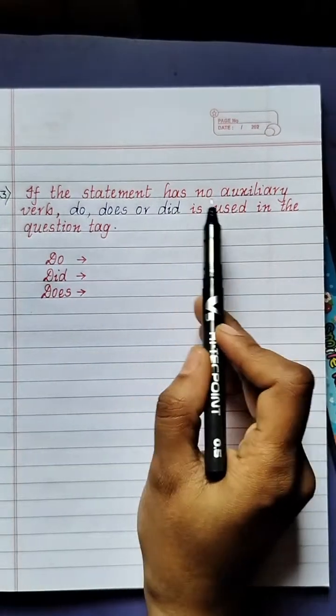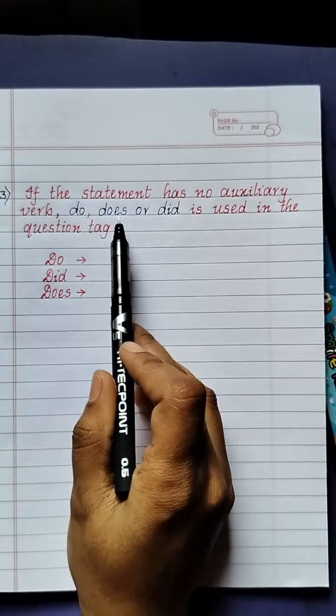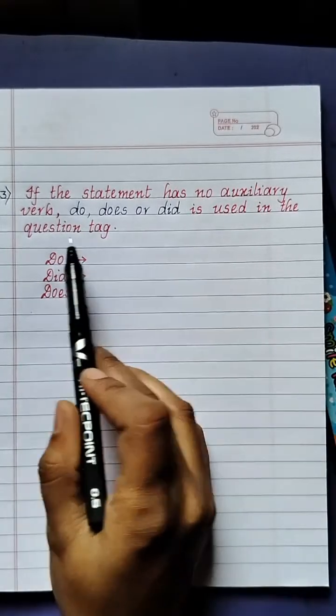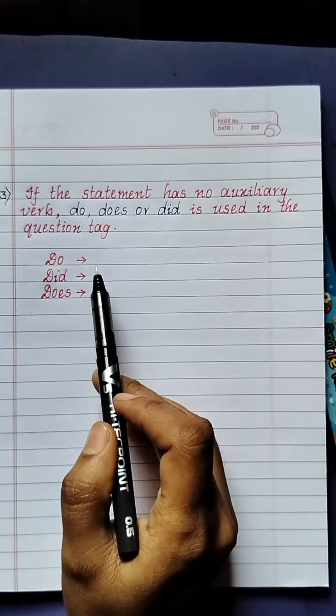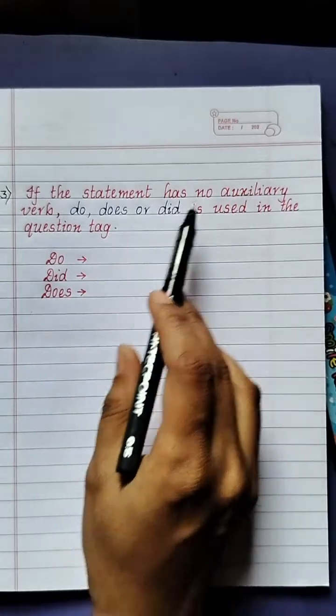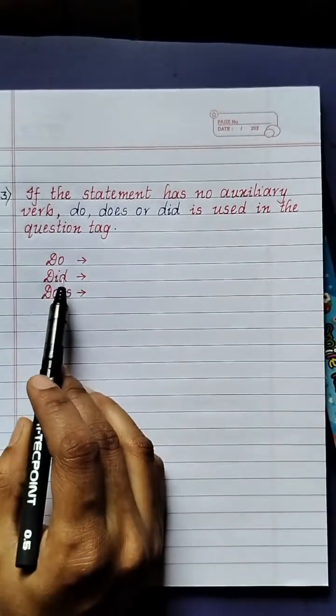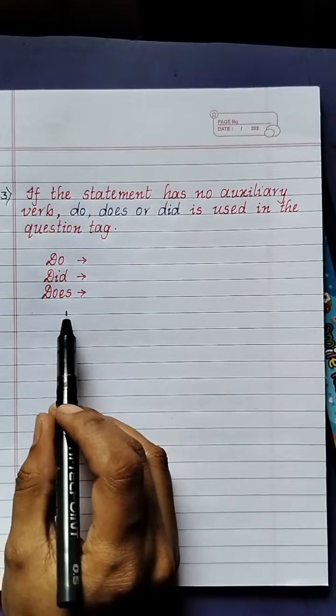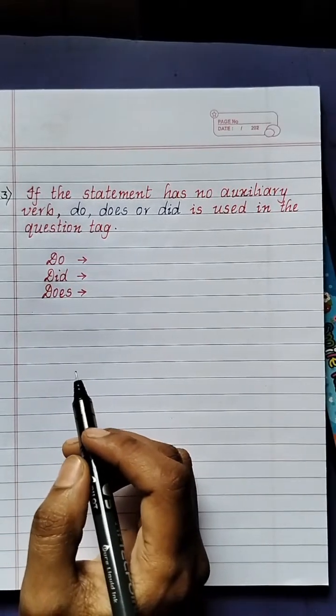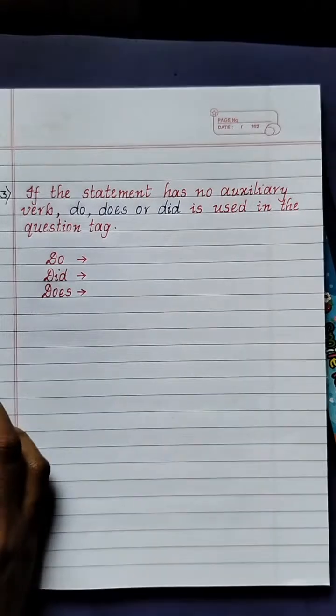If the statement has no auxiliary verb, we use do, does, or did as a question tag. So to form the question tag, if there is no auxiliary verb, we use do, did, and does. Now where to use do, where to use did, and where to use does. Let's have a look.